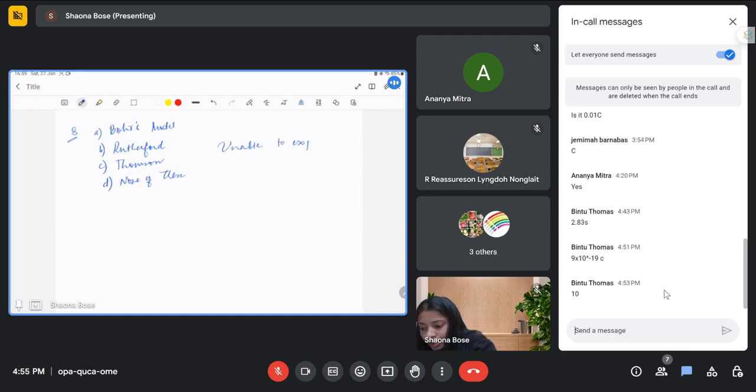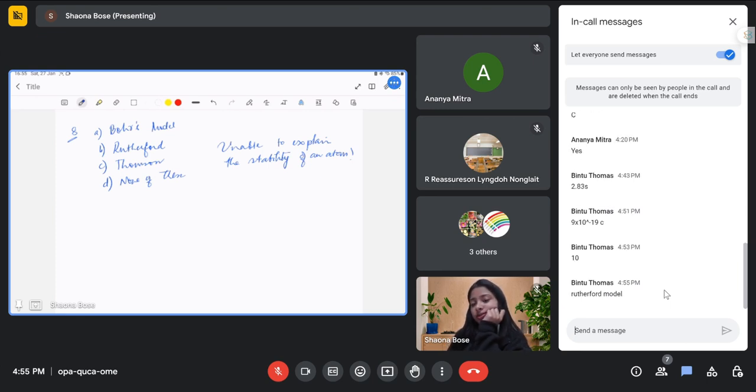Which model is unable to explain the stability of an atom? Which model out of these is not able to explain the stability of atoms? Rutherford model. Yes, right.